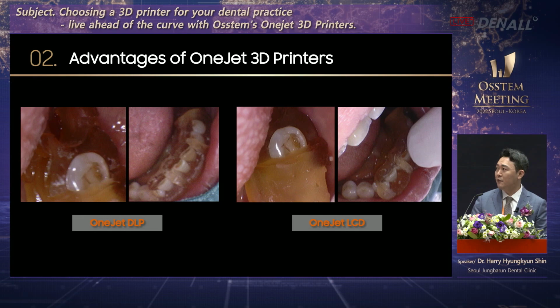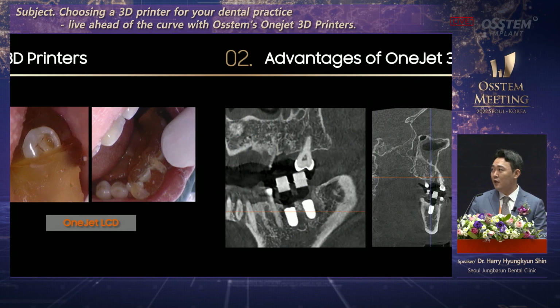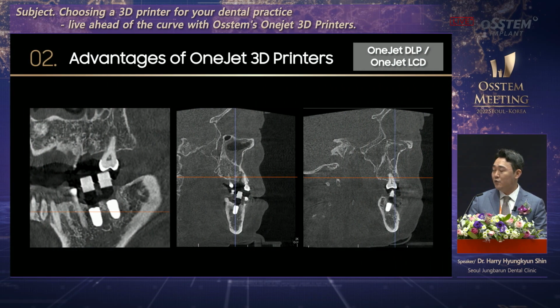DLP versus LCD. Likewise, as you can see in the windows, the adaptation was okay, and both of them did not have tilting. As I said before, polyjet type printed surgical guide is elastic, so it fits where there is an undercut, but not much significant differences according to many different experiments.